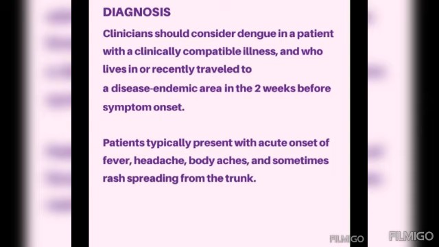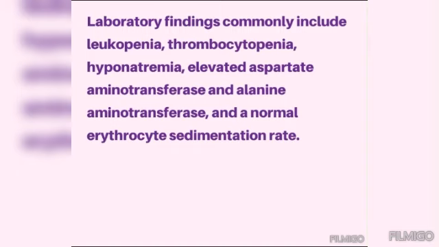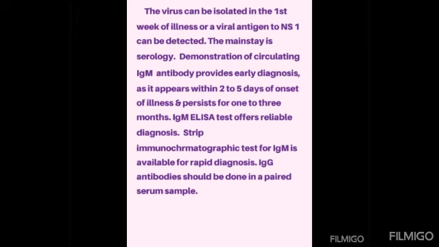If the patient has fever and other symptoms and lives in or recently traveled to an endemic area, we have to check laboratory tests to confirm dengue. Laboratory findings commonly include leukopenia, thrombocytopenia, hyponatremia, and elevated aspartate aminotransferase and alanine aminotransferase, among others.